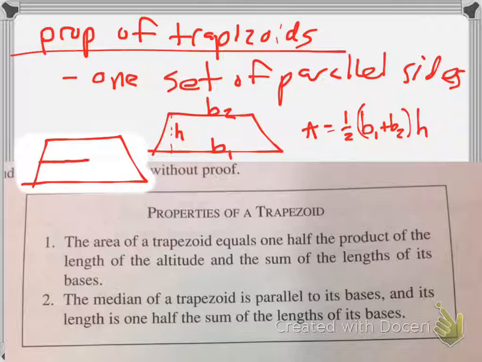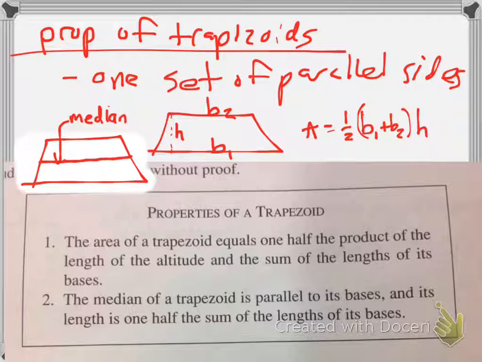So it'd be the direct middle between two bases. This is what I call the median. That's the median. It's between the two bases. And to find that, it's half the sum of the lengths of its bases.